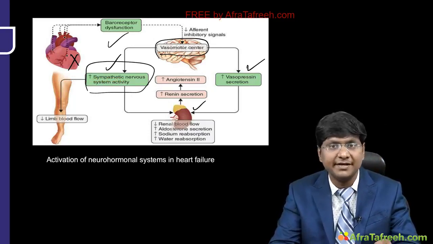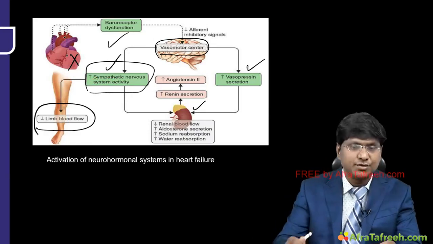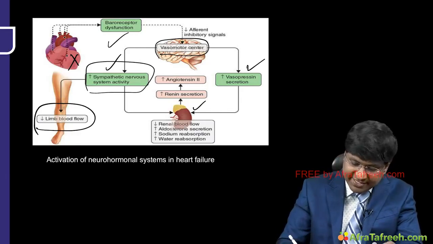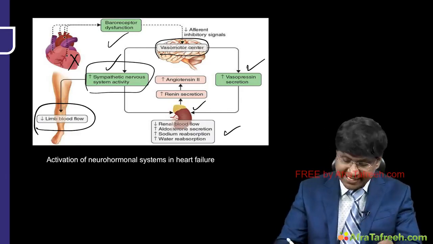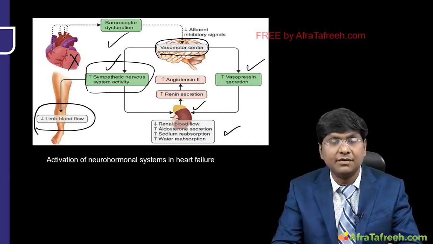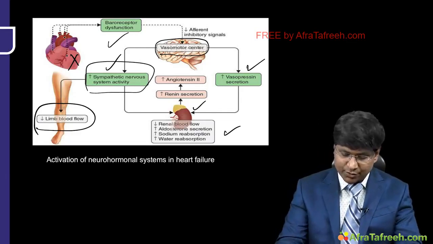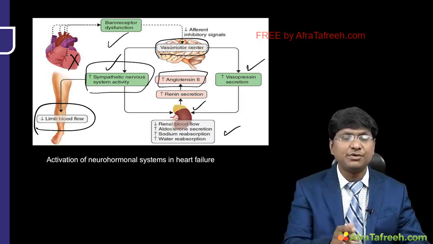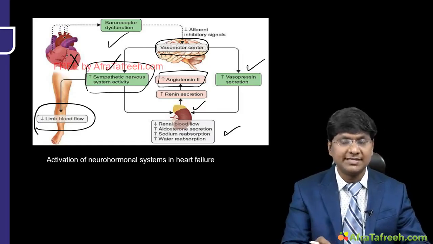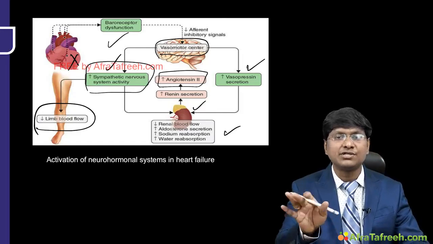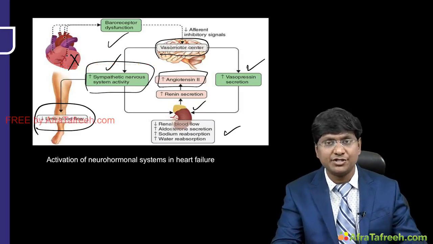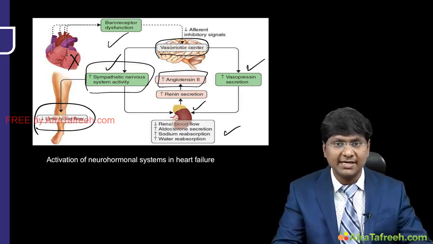Reduced blood supply to the kidney causes activation of RAS. Angiotensin 2 acts on the adrenal cortex, that is the zona glomerulosa, and causes the release of the mineralocorticoid aldosterone, which causes sodium and water retention, and that will increase the preload on the heart.